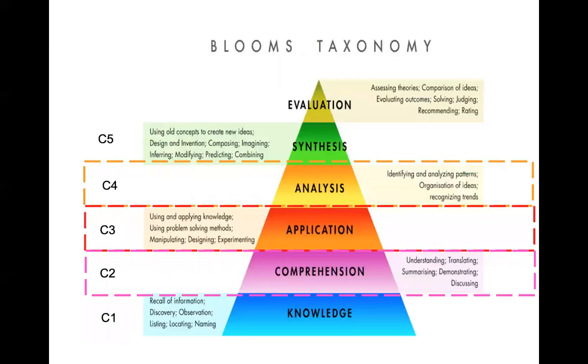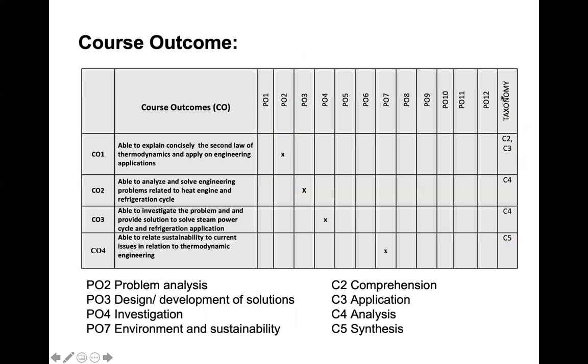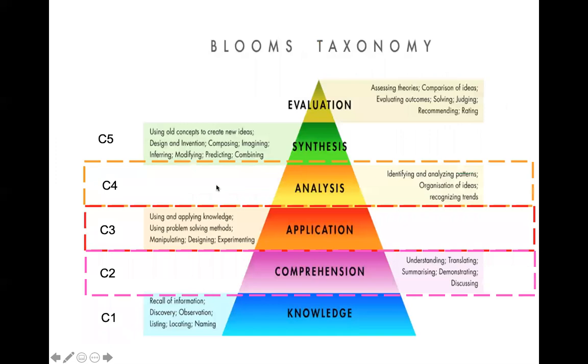Some of you might not be familiar with Bloom's taxonomy. In this slide, I mentioned the taxonomy. We link with CO2, 3, 4, and 5, which means in this subject, you are going to deal with understanding, translating, summarizing, the basic ones. And after that, once you have some knowledge, you are going to use the equations, how to apply your knowledge, how to design, how to calculate the performance, and analysis.